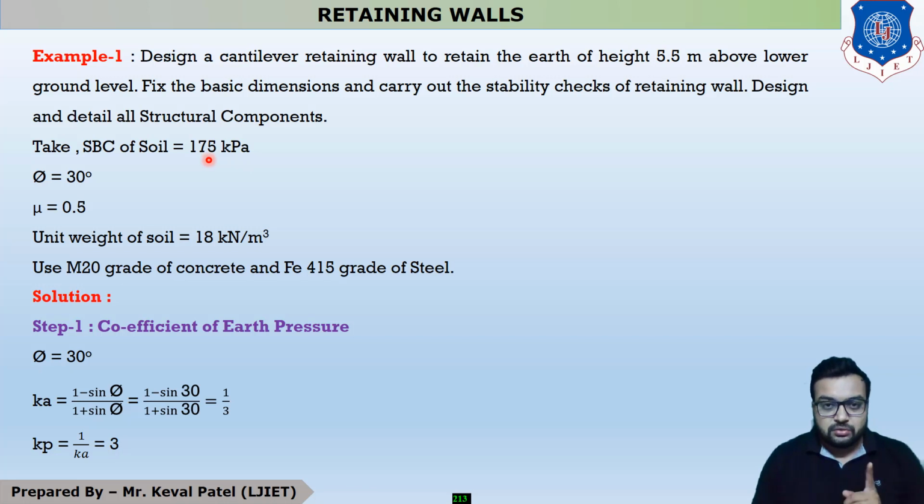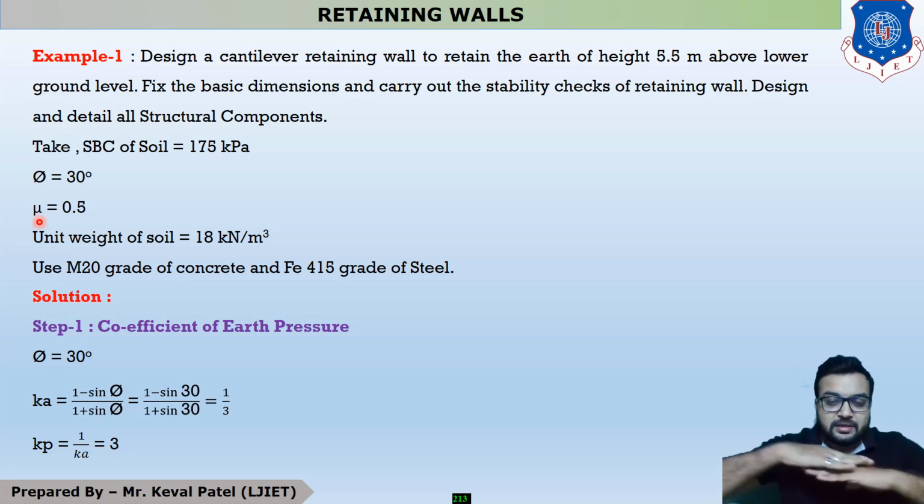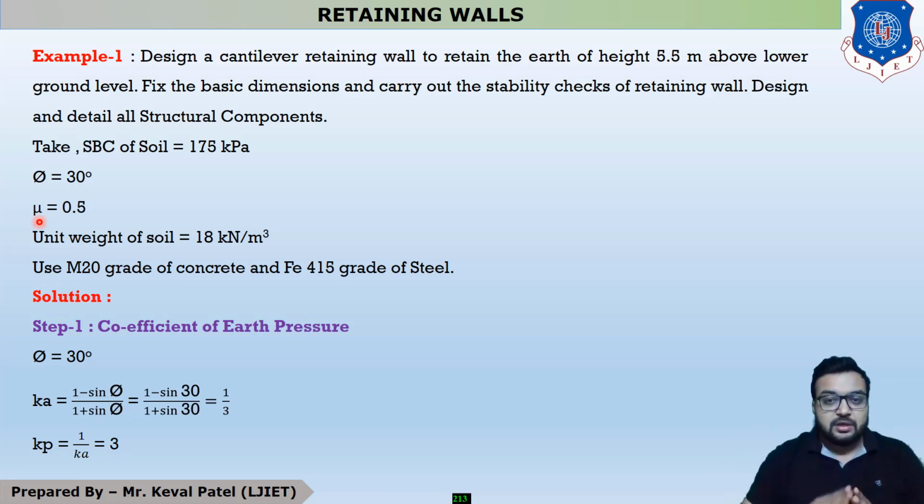So it is also called 175 kilonewton per meter square. Next is phi. Phi means angle of repose is equal to 30 degree. Next is mu. Mu is 0.5. So our mu is coefficient of friction, because there is friction between the base of the retaining wall and the soil. So our coefficient of friction is 0.5.